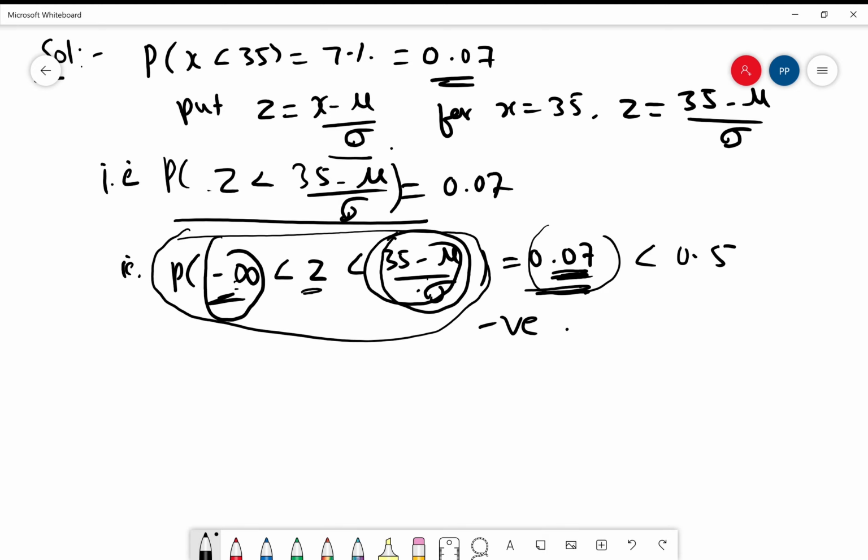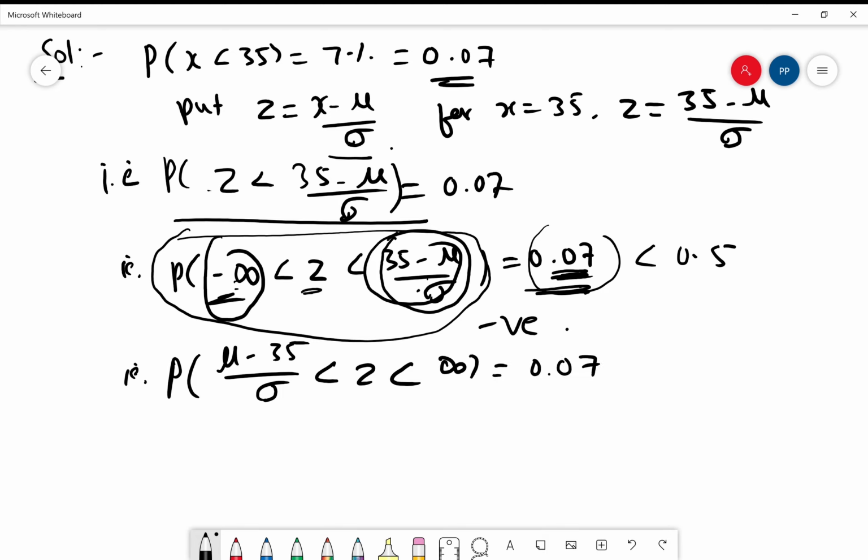Okay. If this is positive, then this must be positive because the RHS is less than 0.5. So, since this is negative, we can write it as the probability of the negative of this. We have to take the absolute value of this, which is (mu minus 35) by sigma, less than Z less than infinity equals 0.07.